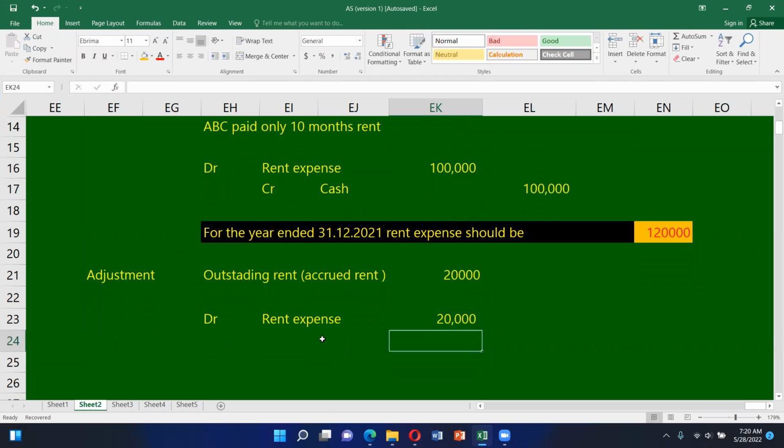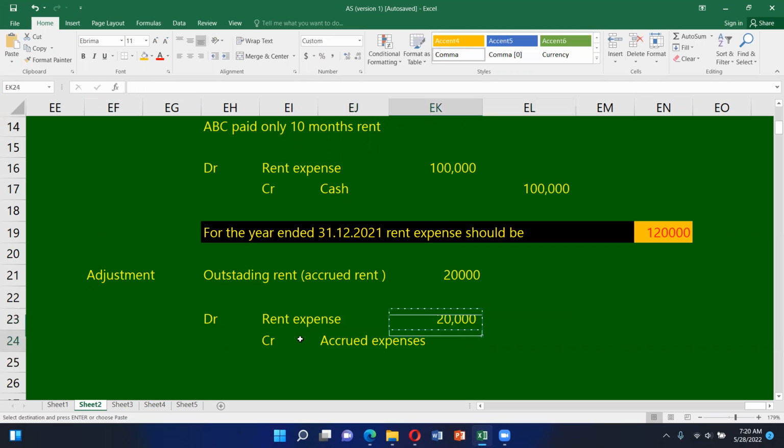And credit accrued expenses, rent adjust account. So this is what we call accrued expenses.